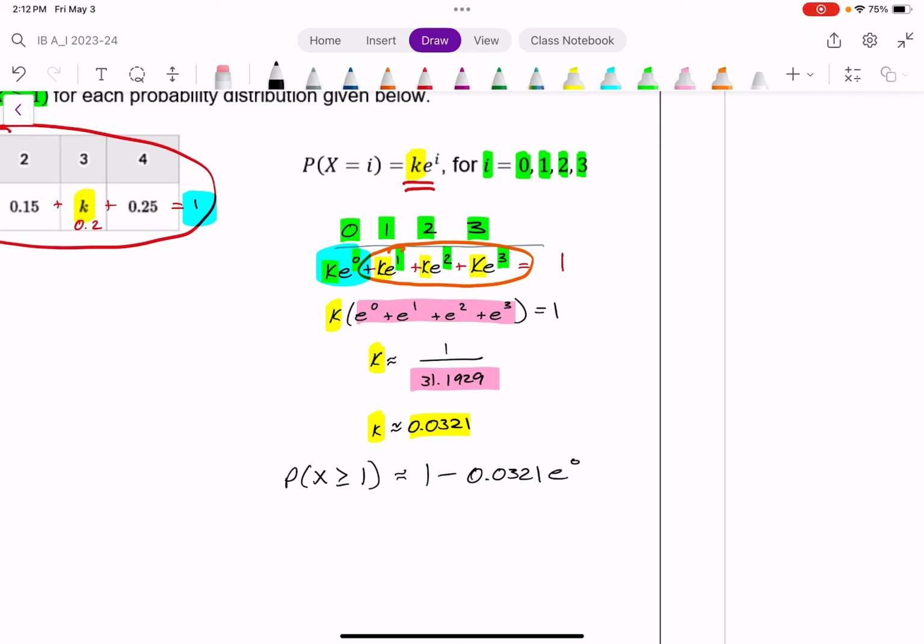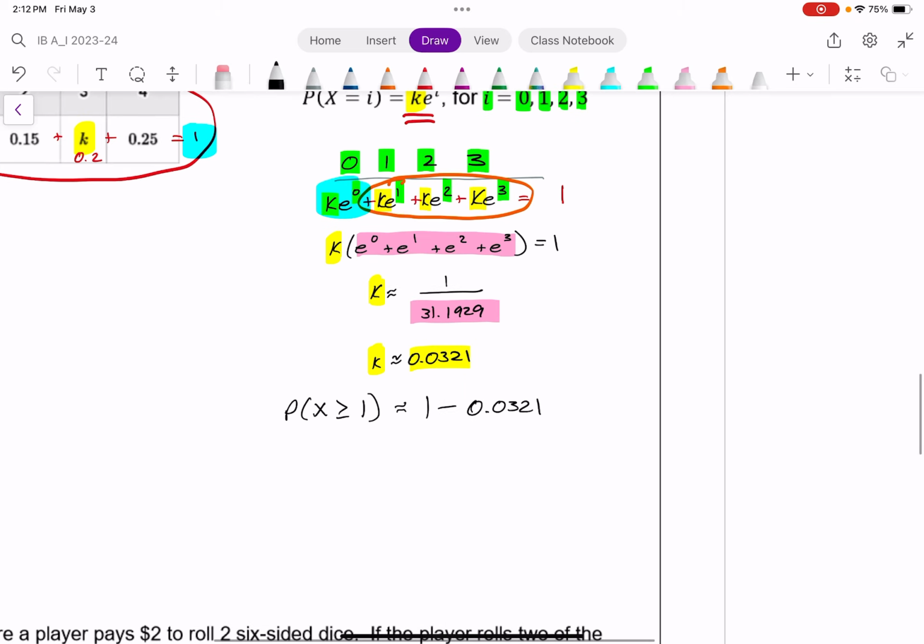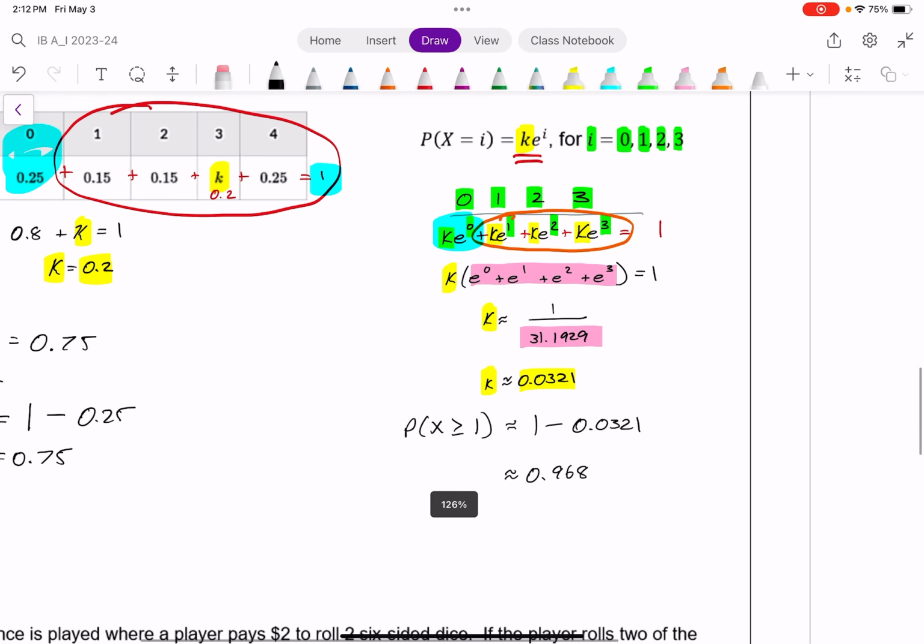But e to the power of 0 is 1, which means all I really need to do is go 1 minus that k value, which is approximately 0.968. So roughly a 97% probability of that.